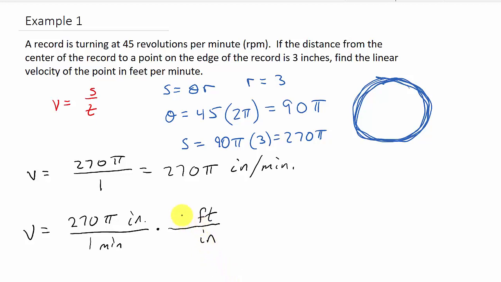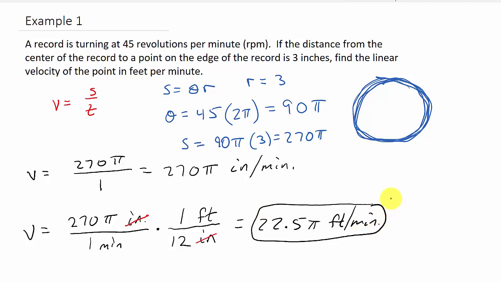Well, we know in 1 foot there's what? 12 inches. All right, so now we have the inches cancel out, and you can see we're left with feet per minute. And so let's see, I'm going to just do the 270 divided by 12, and that is going to give me 22.5 pi, and that is going to be feet per minute.